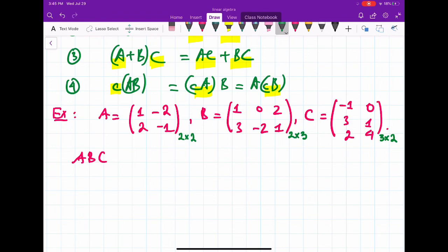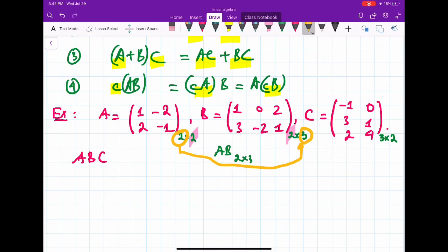If we multiply A with B, we are good because the number of columns in A equals the number of rows in B. And then the product of A and B is a matrix of size 2 by 3. We just pick this number together with this one.